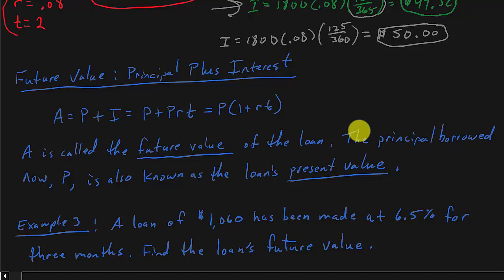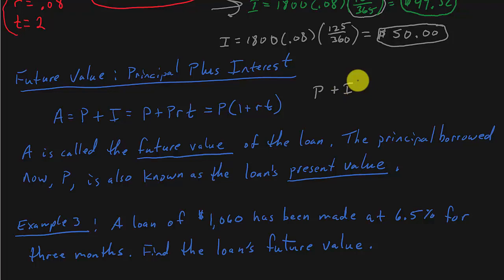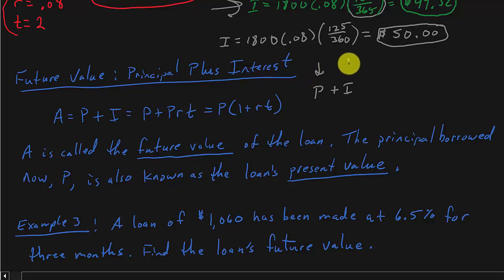If you borrow P dollars, that's going to get interest on it, and you're going to add that interest to that money. So the amount you borrowed, P, plus the interest, that's the total amount of money that you're going to pay back.